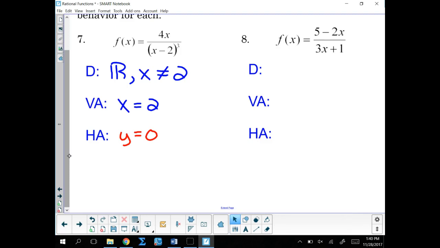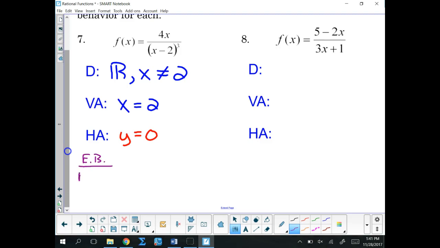So, oops, I gotta go this way. My end behavior now. As x approaches infinity, f of x is going to approach 0.